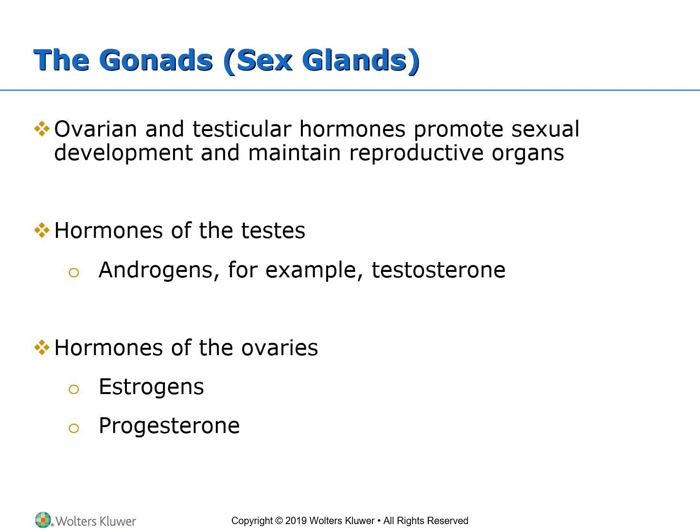The sex glands, or the gonads, are the ovaries for the females and the testes for the males. They produce both the hormones that are necessary for the development of the sexual characteristics in individuals as female and male, and also they will produce the gametes, the sex cells, the sperm and the ova that are important for the reproduction process.